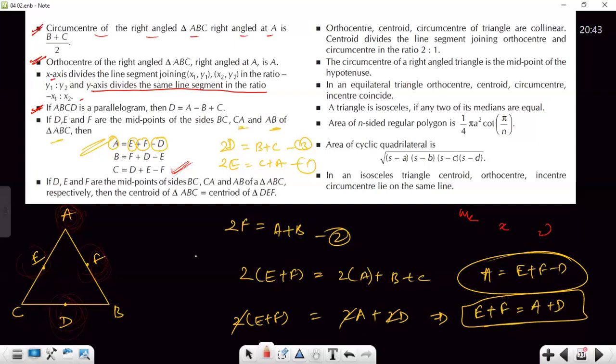Yes, so continuing the next point. If D, E, F are the midpoints of sides BC, CA, and AB of a triangle ABC, then the centroid of the triangle ABC is the centroid of triangle DEF.